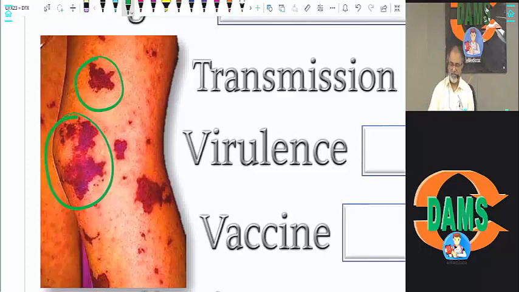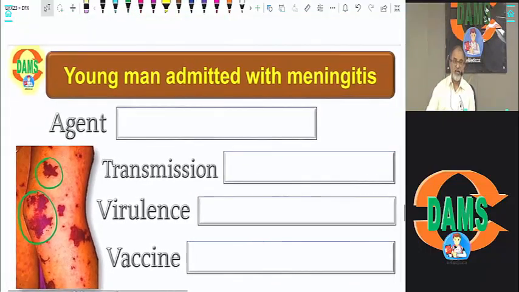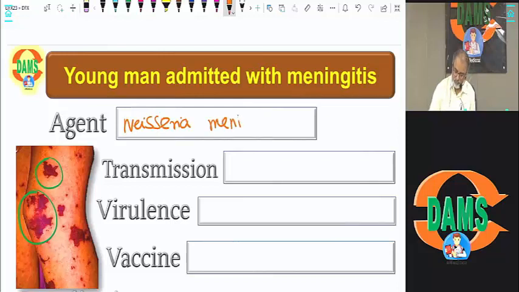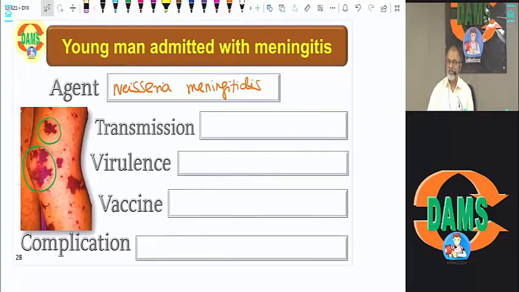Purpura or petechial hemorrhage, you can go for Neisseria meningitidis, or meningococci. What is the mode of transmission? Respiratory, droplet. In case of gonococci, sexual.